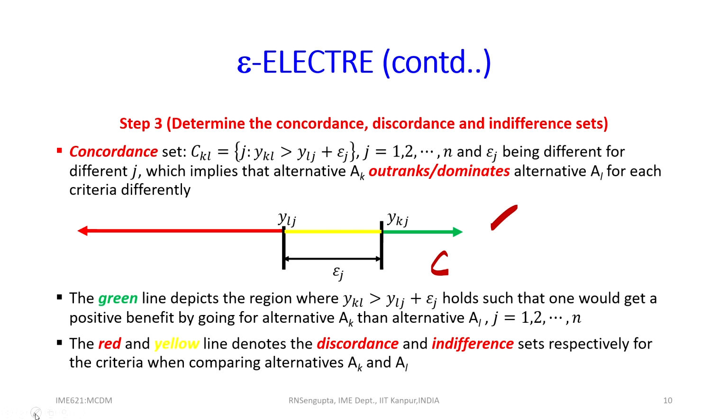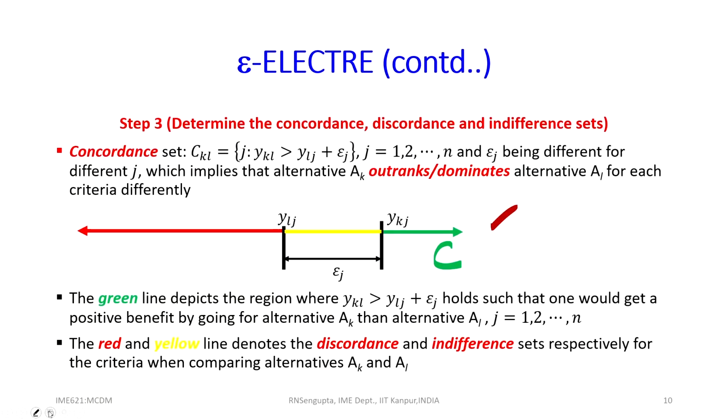So, C I will basically mark with green in order to highlight the fact that concordance and discordance have the meaning. So, this would be the C set. Any set which is onto the left, not liked, which does not outrank, does not dominate, would be given in the D set.